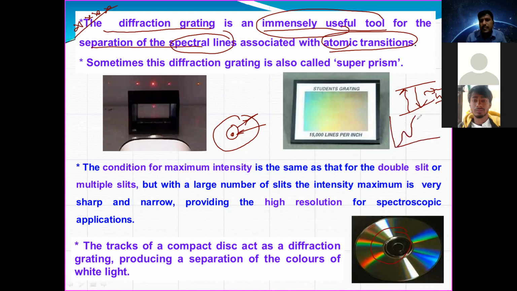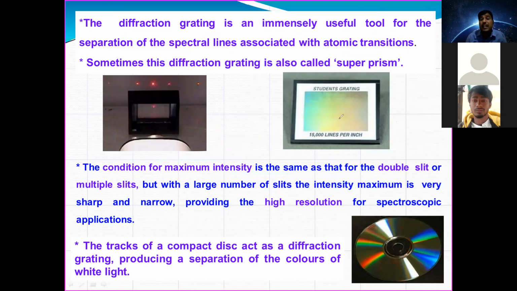To see these, we basically use the grating. Okay, is it clear? It means to separate the spectral lines associated with the atom.